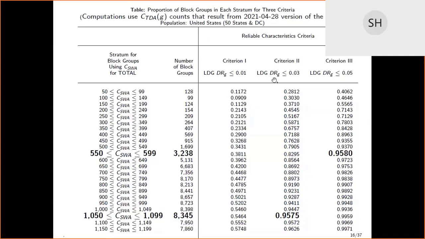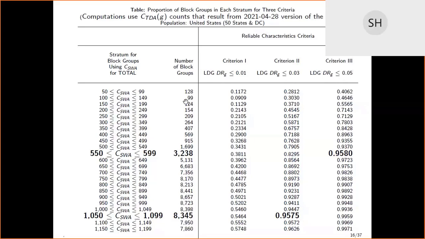If we change the criterion to 0.03, that is a difference of ratio less than 0.03, out of this 128, we observe that the proportion happens to be 0.2812. If we change the criterion to 0.05, then the proportion of these block groups that satisfy this criterion happens to be 0.4062.